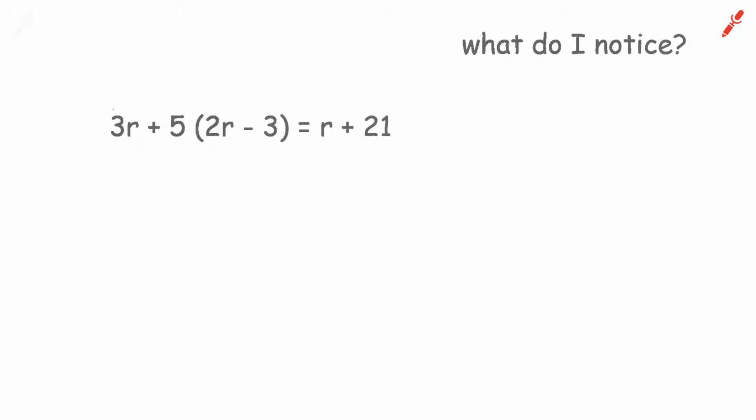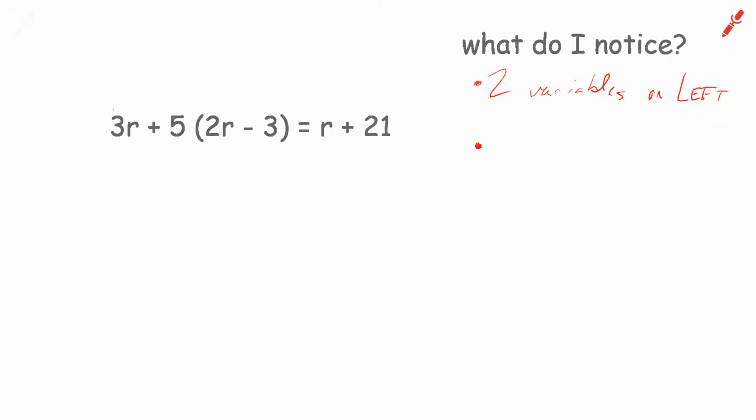First thing I'm going to do is I'm going to look at this problem that I've got written on the board, and I want to ask myself, what do I notice? Two things jump off the board at me. Two variables on one side, and I'm going to be specific and say on the left.